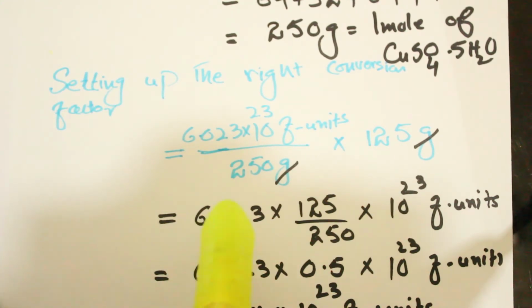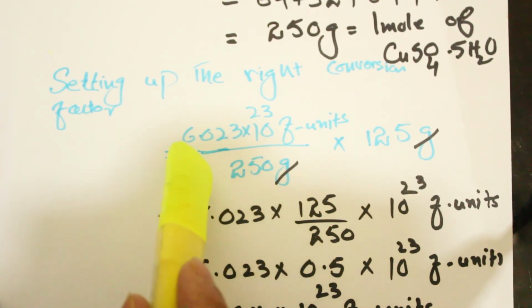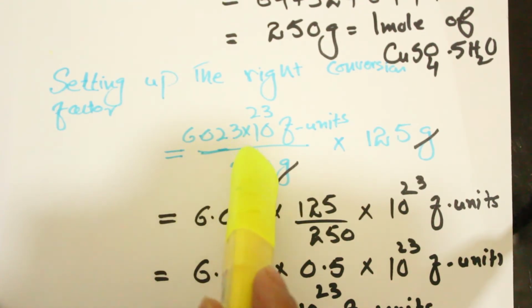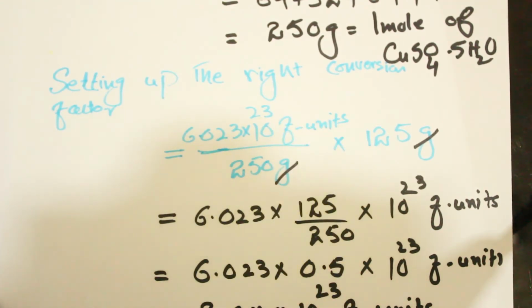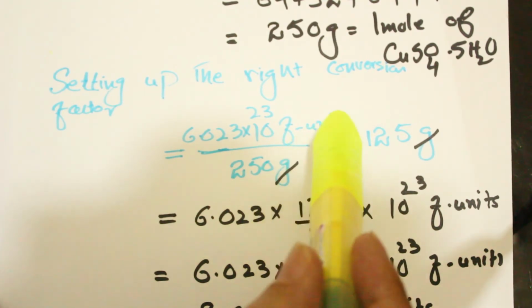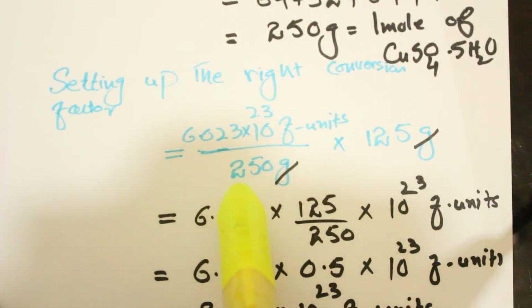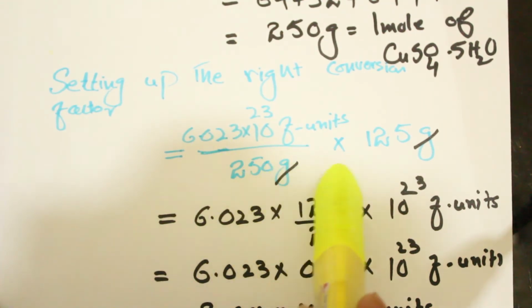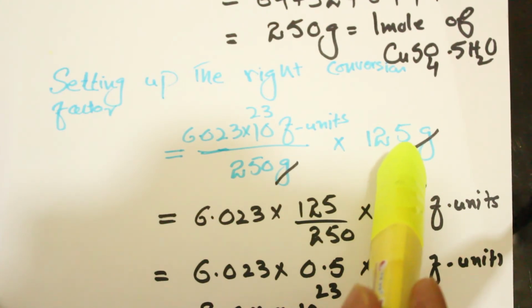So here I have set up the conversion factor, because I know that 250 grams of the hydrated copper sulfate contains 6.023 multiplied by 10 raised to the power 23 formula units. Since 1 mole is equal to 250 grams, if 250 grams contains this number of formula units, then how many formula units will be in 125 grams?